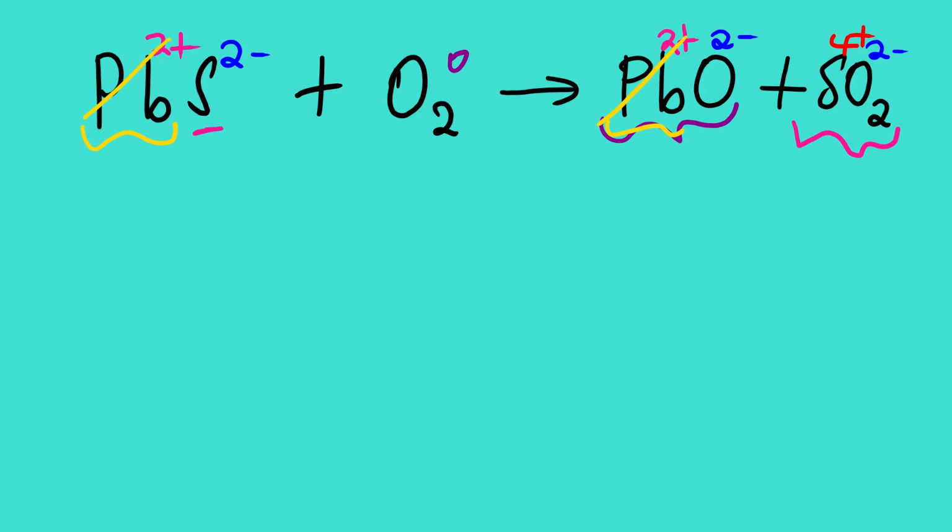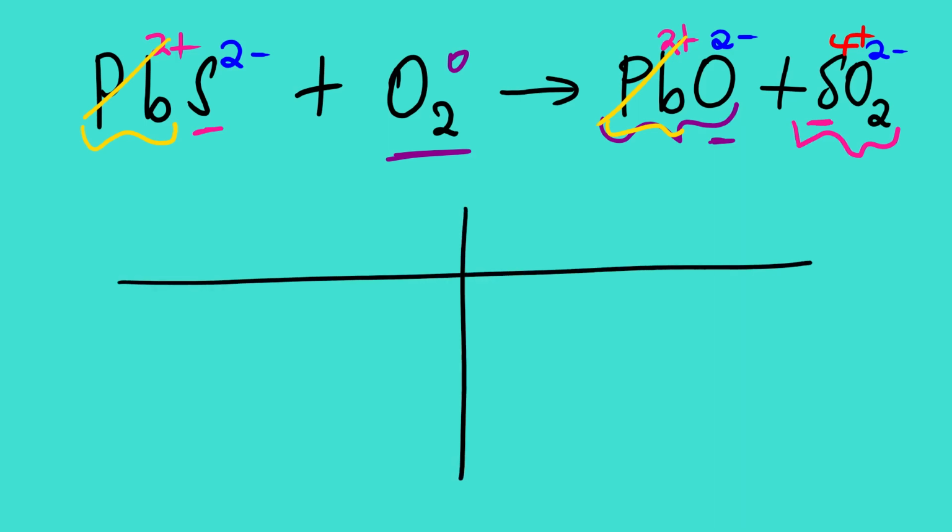It was 2 minus, and then on the right hand side it's 4 plus. So you can see that something happened. Look at oxygen. We have 0, then on the right hand side we have 2 minus. So you can see that we are comparing oxygen and sulfur.